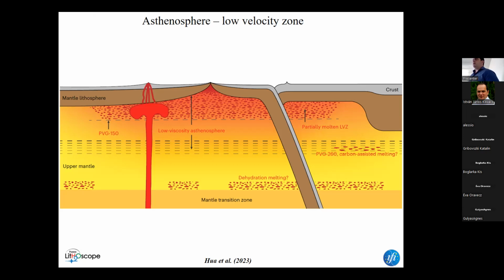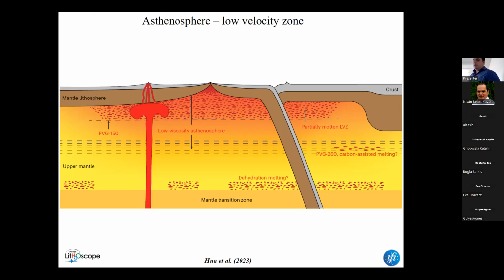And when I say low degree, it means around 1% of water or melt, or even less than that. It's a very tiny amount of melt, but it plays a crucial role in making a rheological viscosity difference and also supporting plate tectonism.